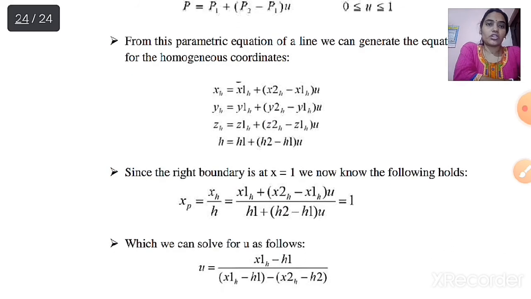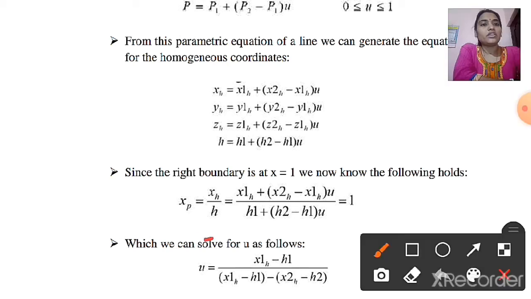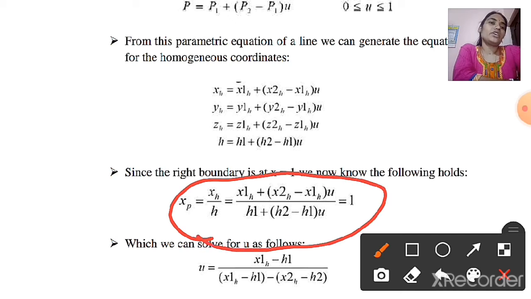The parametric equations are as follows. Since the right boundary is at x equals 1, we know the following holds. If the right boundary is x equals 1, then xp equals xh by h, which equals (x1h plus (x2h minus x1h)u) by (h1 plus (h2 minus h1)u), equals 1.